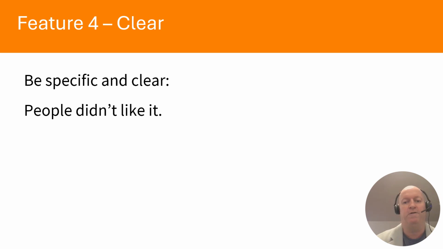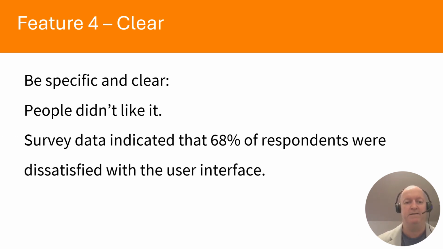And hopefully we've written before what it is, otherwise that would be very vague as well. So to improve that, survey data indicated that 68% of respondents were dissatisfied with the user interface. And maybe the respondents might be university students or something along those lines, something a bit more specific than just people.